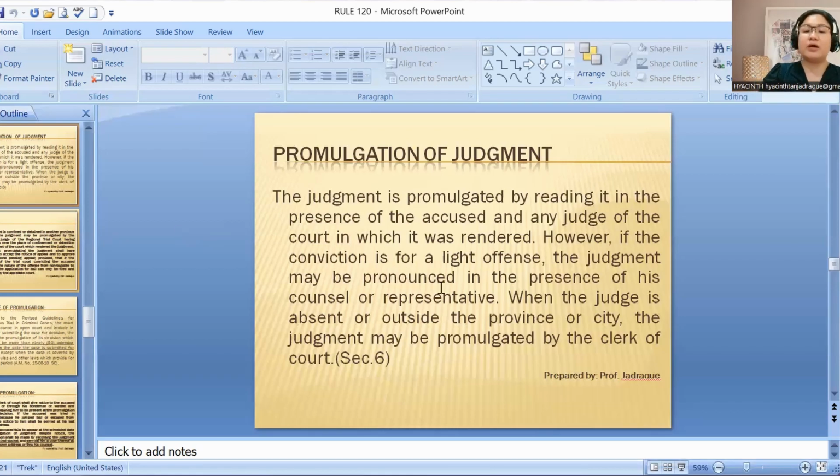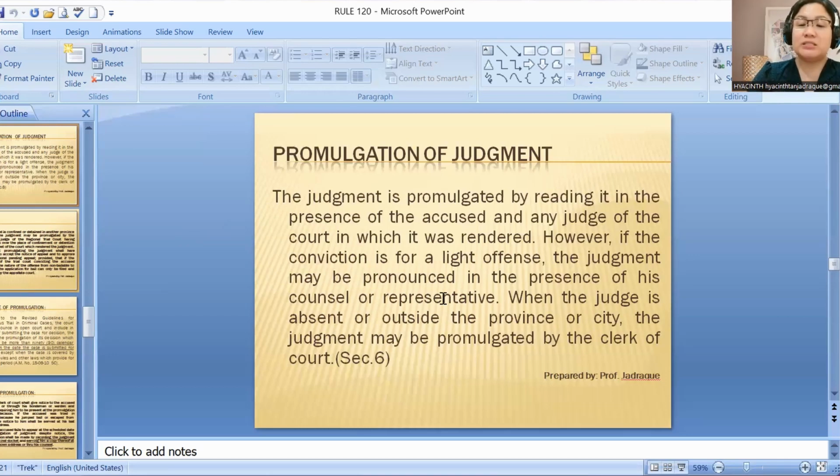So remember that while the presence of the accused is mandatory in three instances: arraignment, promulgation, as well as when mandated by the court for purposes of identification. In the promulgation, as an exception, the accused need not be present if he is charged for a light offense.